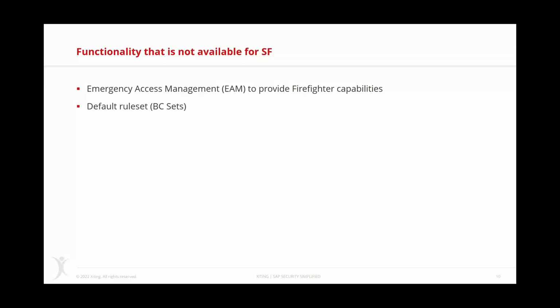Then also, there is no SAP pre-delivered rule set. So if you're talking about the BC sets, the business configuration sets, there's no pre-delivered rule set for SuccessFactors. So you basically have to build your own rule sets. That you can do. I have a couple of screenshots as well. It can be done the same way it has always been done. The type of authorization is a little bit different, but at the end of the day, if you know Access Control, you have no problem creating a rule set for SuccessFactors.